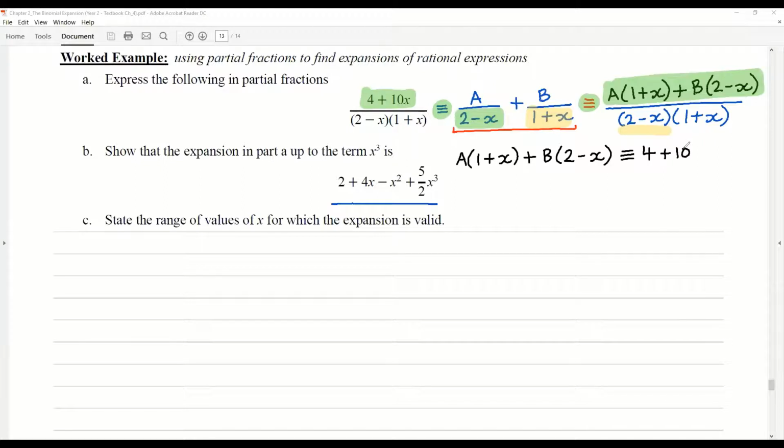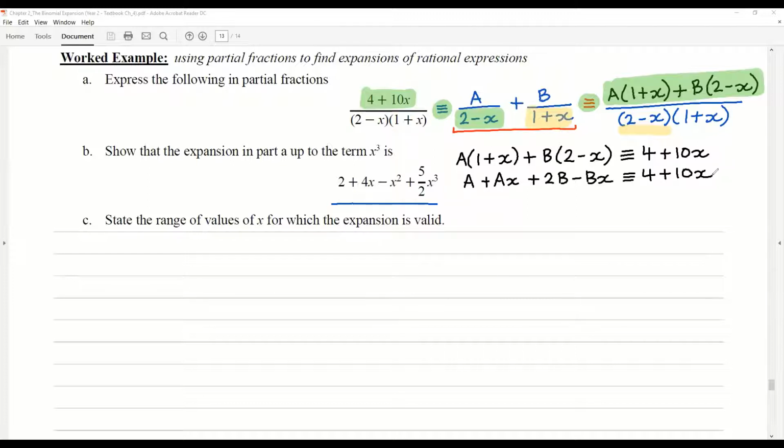Because the denominators are trivial, we can dispense with them now. We know they're identical. They are just the same. So let's expand. So a add ax plus 2b subtract bx is absolutely identical to 4 add 10x.